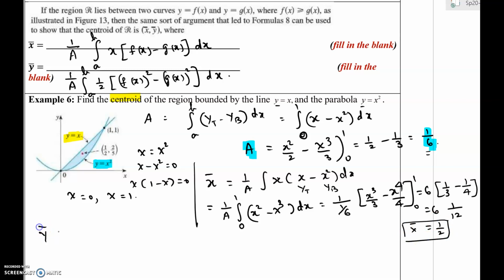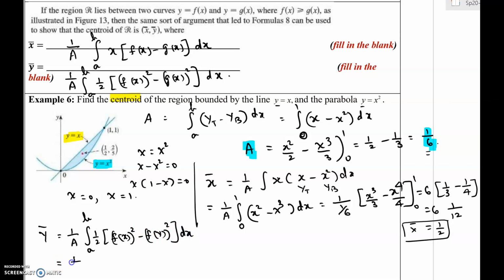Let's find y bar, which is 1 over A integral from a to b, where the two curves meet. Then it's half of f of x squared, the y top squared, minus the y bottom squared.